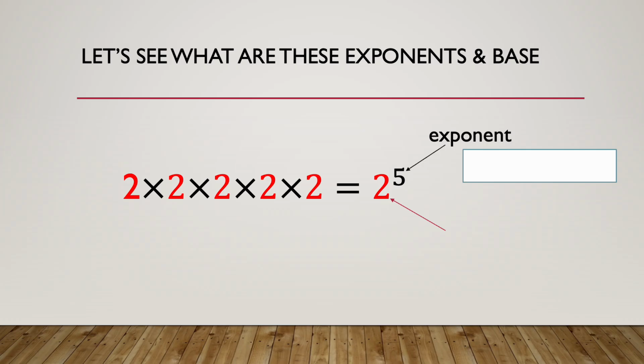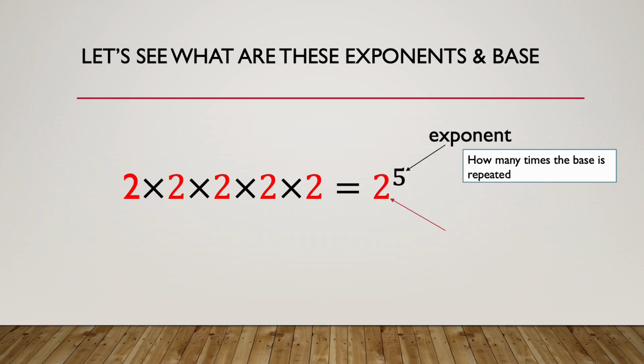This 5 means how many times the number is repeated. This is the number, and this is how many times the number is repeated. So the times, how many times, we call the exponent. This is the short way to remember. This is how I remember.